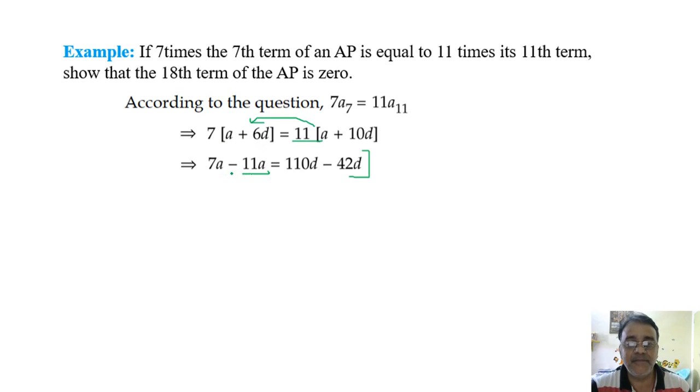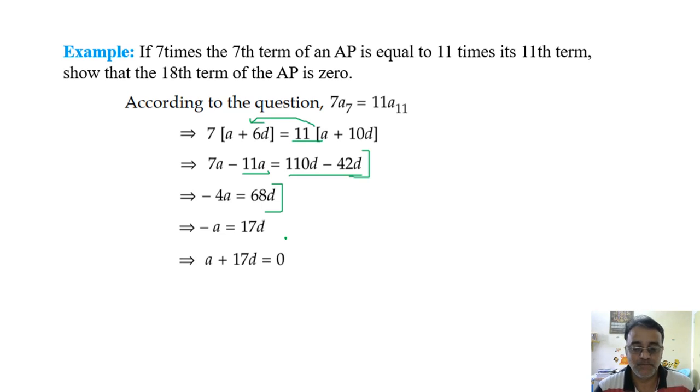So this will become minus 4A and this will become what? 68. Okay, so A is equal to minus 17D or minus A is equal to 17D. Clear है? A is equal to minus 17D.